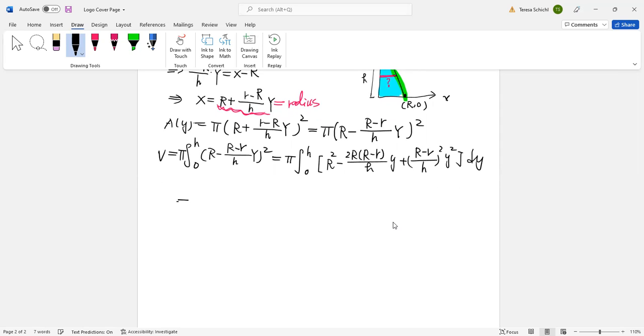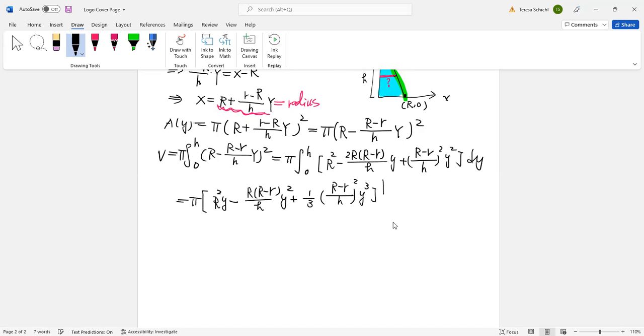Now this one will be pi times R squared y, correct? And then minus, this will be y squared over 2, then it cancels with these 2s here. So it will be h, then R minus r, then this is y squared, then plus 1/3, all right, so this is R minus r over h, squared, y cubed, right?